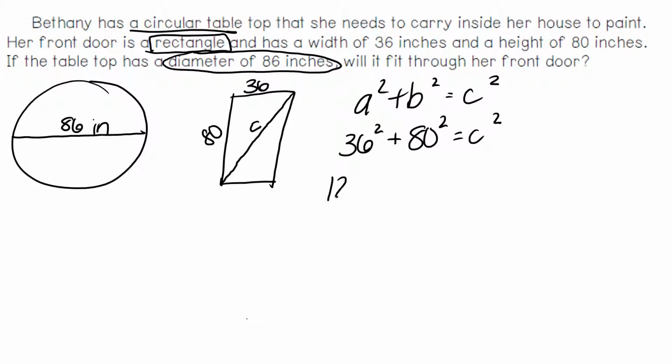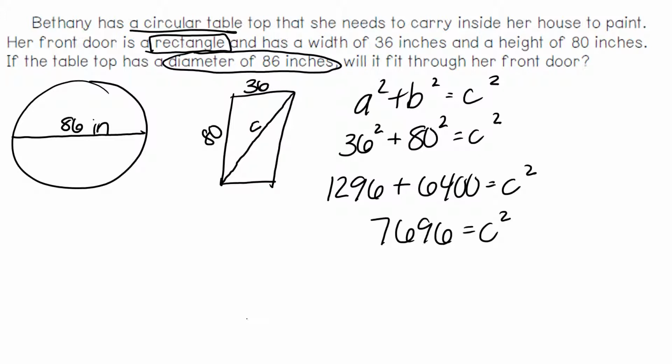36 squared is going to give us 1296. 80 squared is going to give us 6400. Add those together to get 7696.